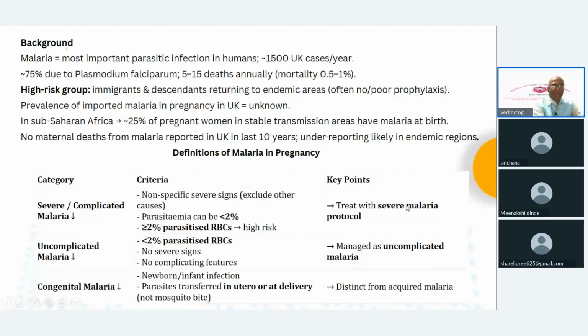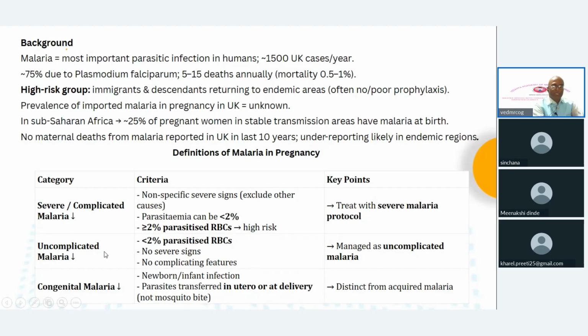These patients are to be treated with the severe malaria protocol. If parasitized RBCs are more than or equal to 2%, then it is severe malaria. If the parasitized RBCs are less than 2%, it is uncomplicated malaria. So it depends upon the number of RBCs which are affected.